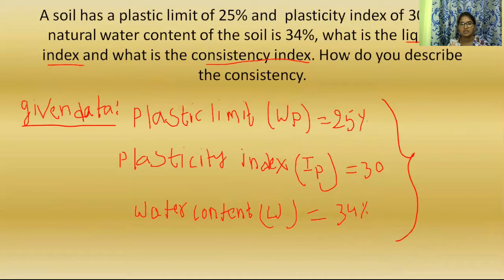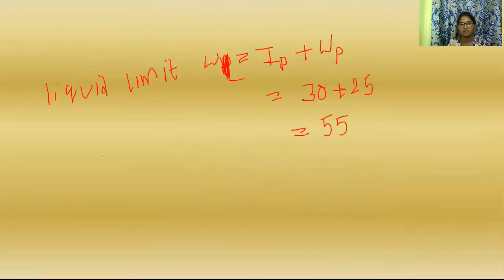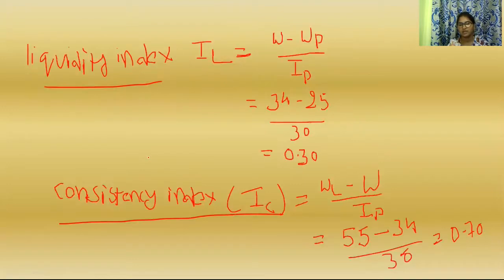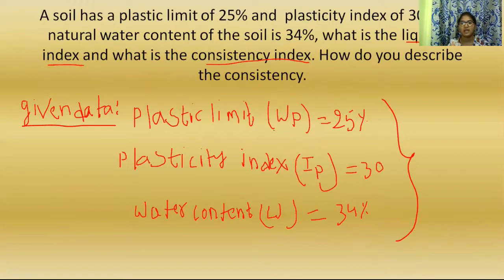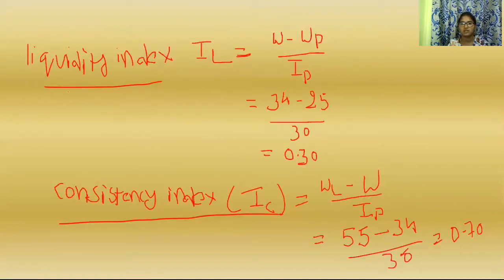Here only the liquidity index and consistency index are asked, and we determine those two values with the help of these equations. In this way we solve step by step. In every problem, first write the given data with clear abbreviations and symbols, next note what we need to determine and the formula for it, substitute each value in that formula, and finally write the answer.